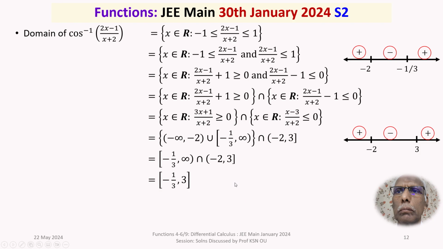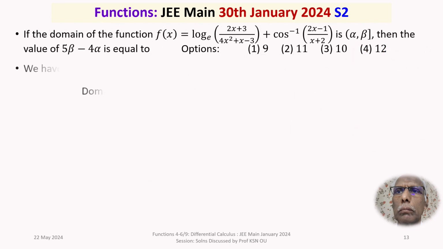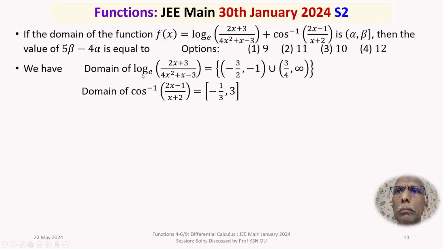Now we will go and take the intersection with the domain of the first function, logarithm. Right. So the domain of the given function, the logarithm of 2x plus 3 by 4x square plus x minus 3 to the base e, is the union of these two intervals. The domain of cos inverse of 2x minus 1 by x plus 2 is this interval. Right.